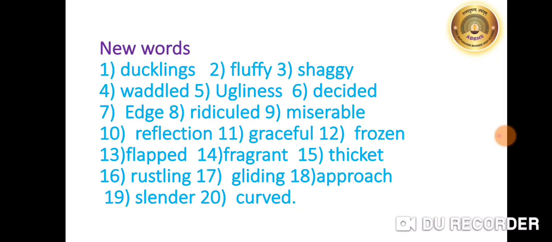A-P-P-R-O-A-C-H, approach. 19th word, slender. S-L-E-N-D-E-R, slender. And the last word is curved. C-U-R-V-E-D, curved. Students, please see that you learn these dictation words thoroughly.